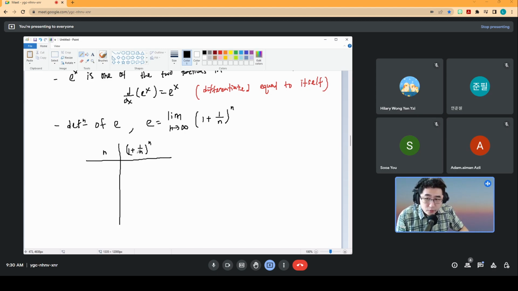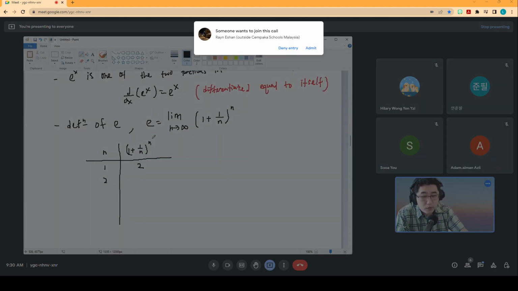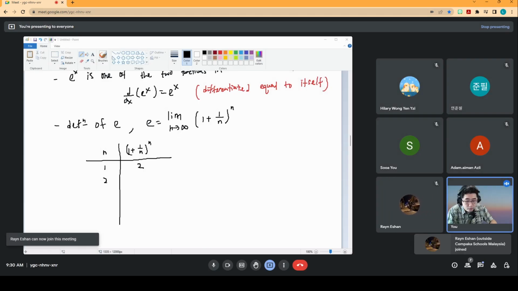You can do it together with me if you have a calculator. So let's say I put 1 here. So 1 plus 1 is 2, 2 power 1 is 2. When you put 2, 1 plus 1 over 2 is 1.5, 1.5 power of 2 gives 2.25.